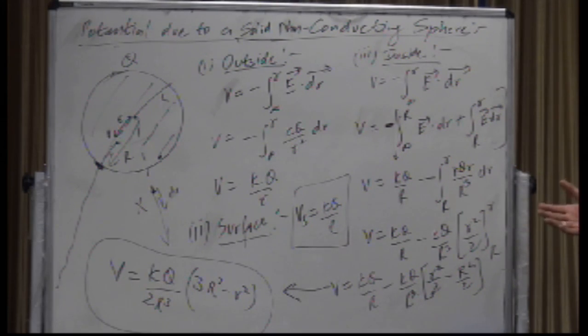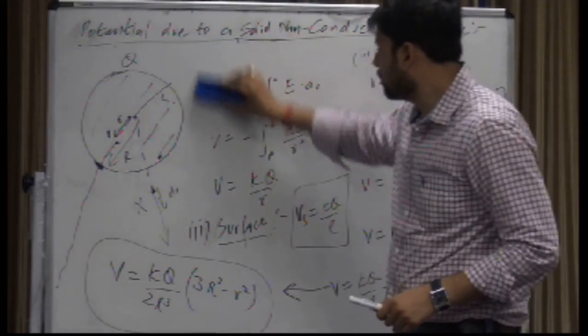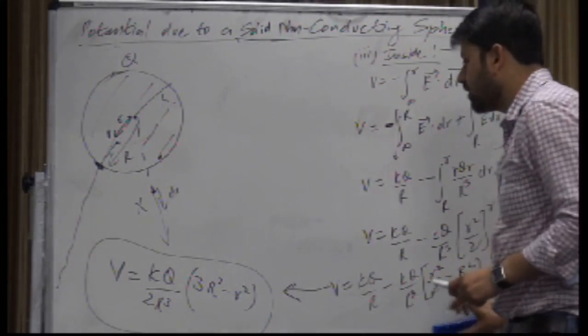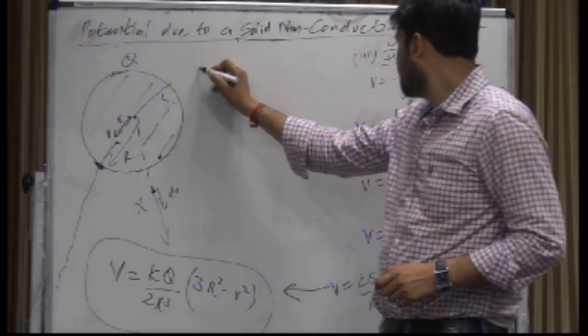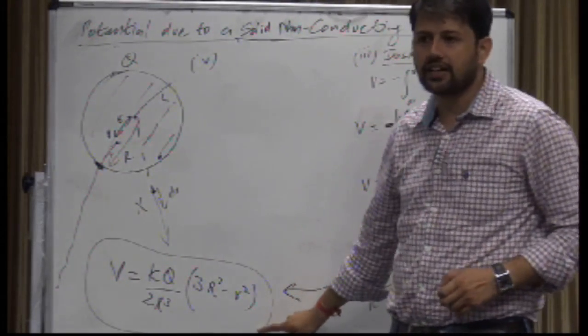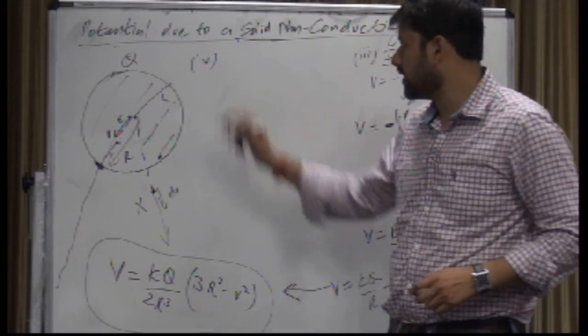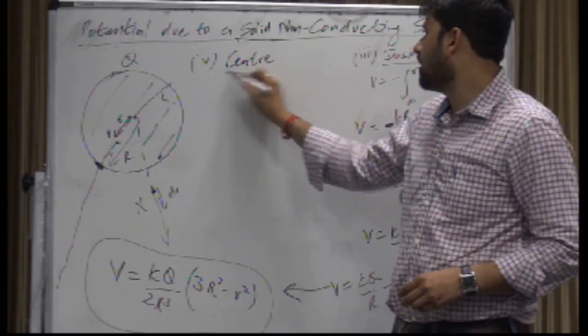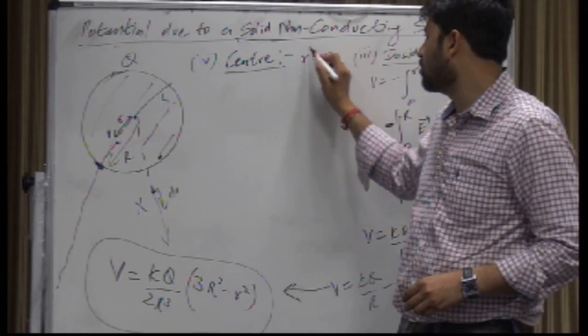Okay, shall I erase it? At least I can erase the left portion. Now this means this would have a fourth part as well. Potential is varying inside. It is not constant, it is varying inside. So in the fourth part, let's find it at center. At center, small r is 0.